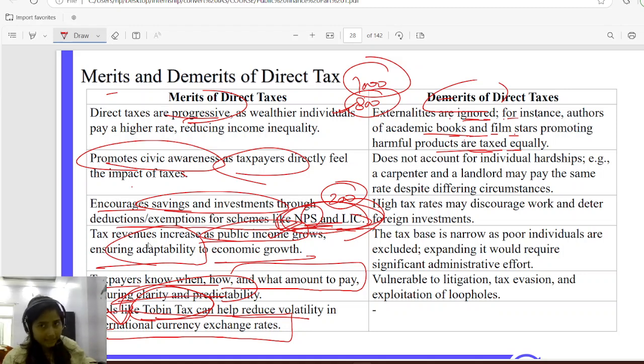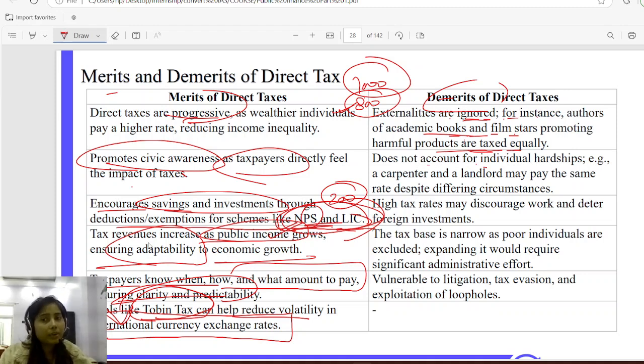Still both are taxed equally, so that is being ignored. Positive versus negative externality. So in that case, the government comes up with different measures, charging higher taxes on sin goods like cigarettes and alcohol, but charging lower tax on better goods which are good for our health. Okay, so that happens.